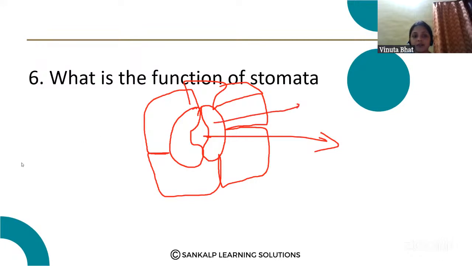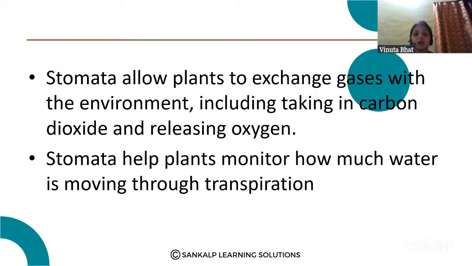Then what is the function of this stomata? So why is this stomata helping? Stomata allows the plants to exchange the gases with the environment, including taking in carbon dioxide and releasing oxygen. Stomata help plants monitor how much water is moving through transpiration. The first function of the stomata is helping for the exchange of the gases.